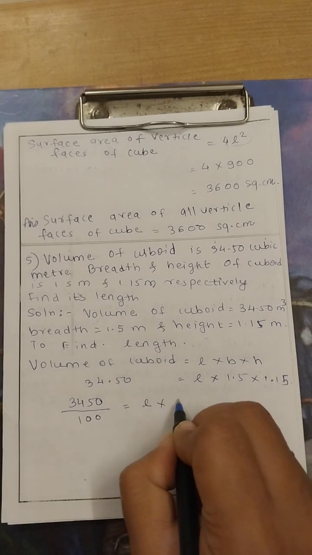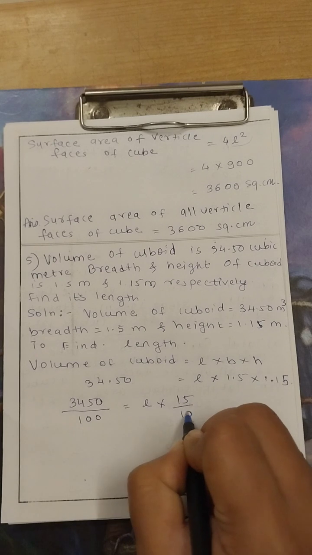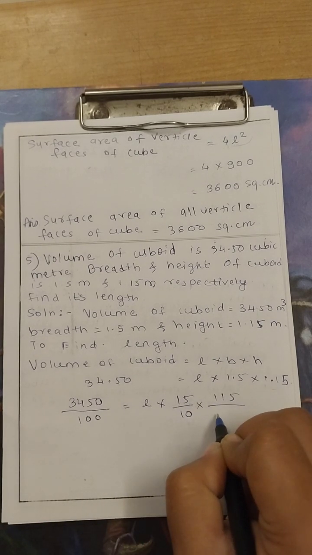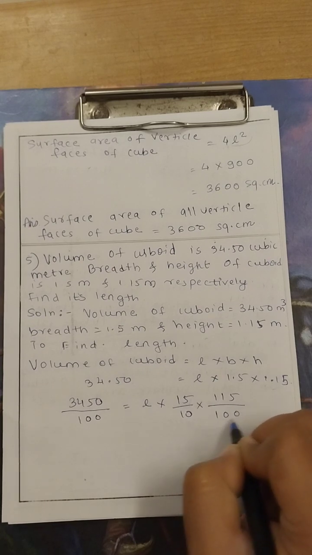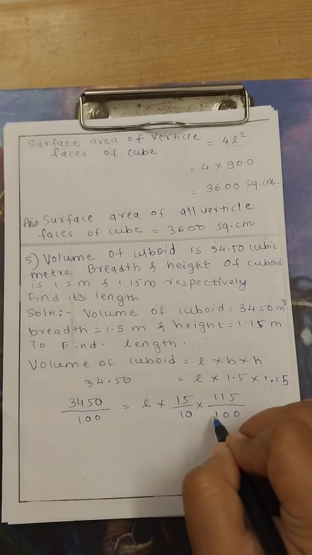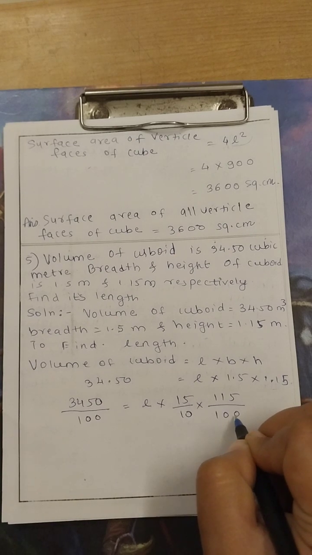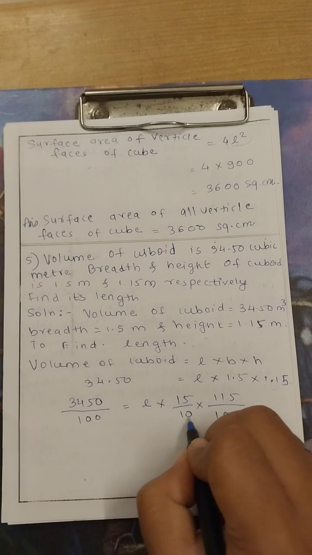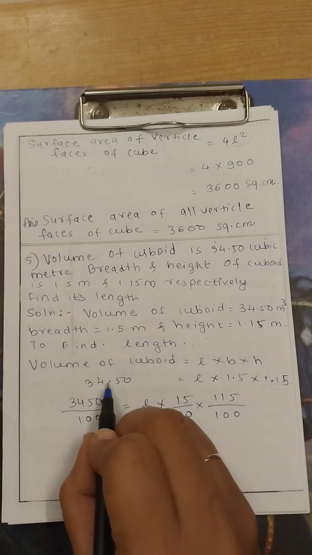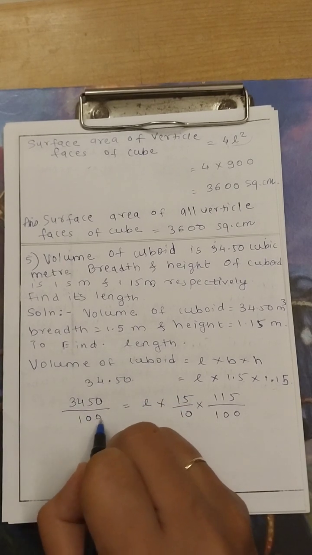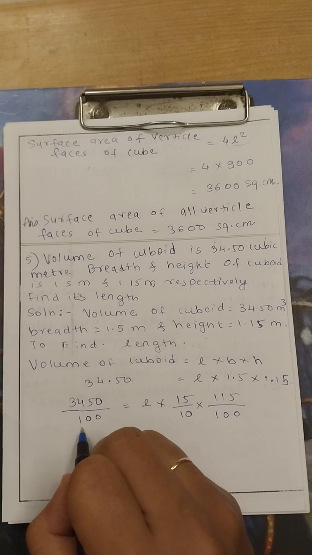L into 1.5 is 15 upon 10 and 1.15 is 115 upon 100. Why 100? Because after point there are 2 digits, so you have to put 1 and 2 zeros. Here also after point there is 1 digit, so you have to put 0 after 1. Same here, there are 2 digits after point. Therefore, you have to put 2 zeros after 1.